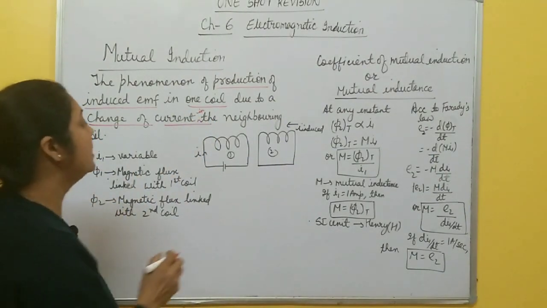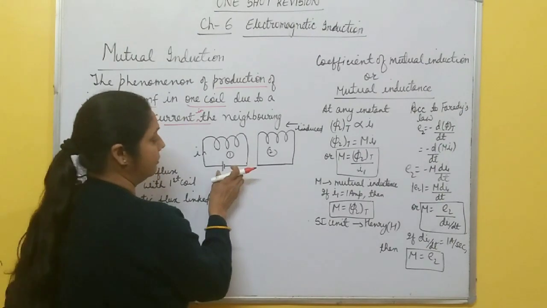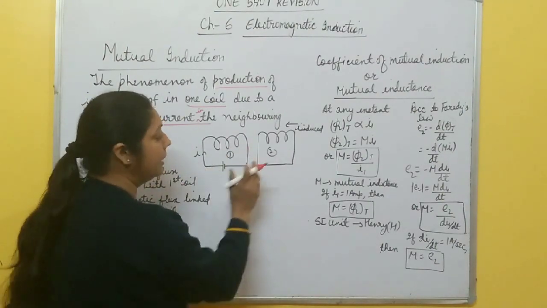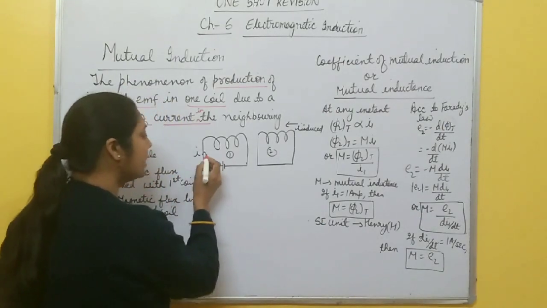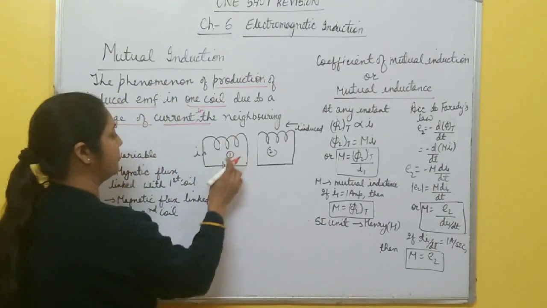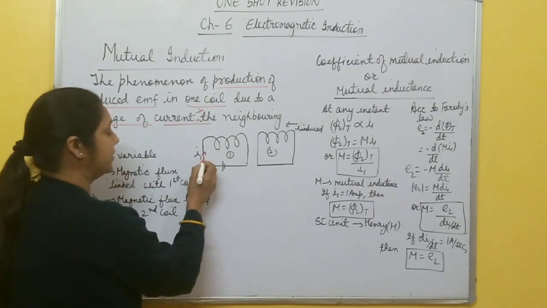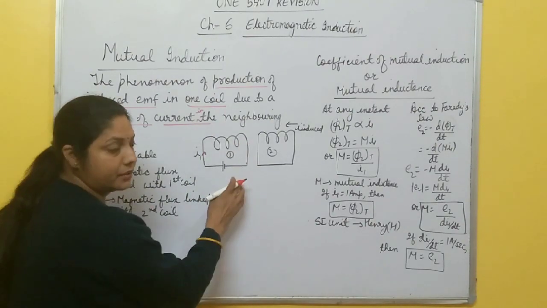How does this happen? Suppose this is one coil, primary coil number 1, and this one is the second coil, secondary coil number 2. And suppose I1 amount of current is flowing in this coil.